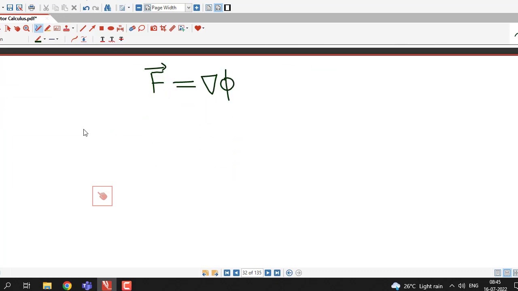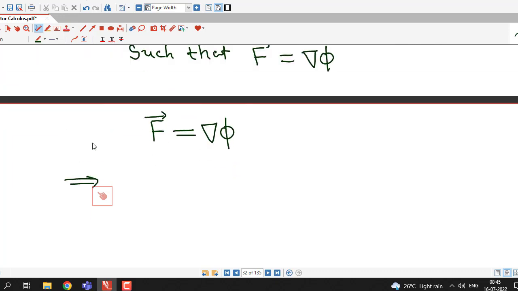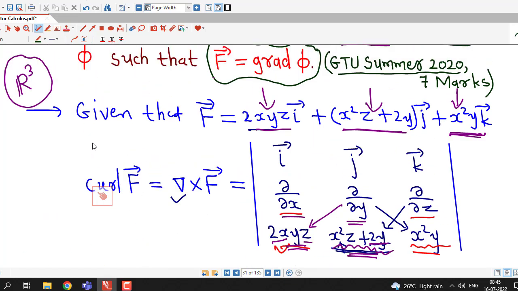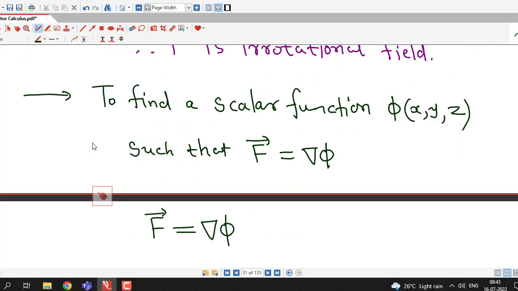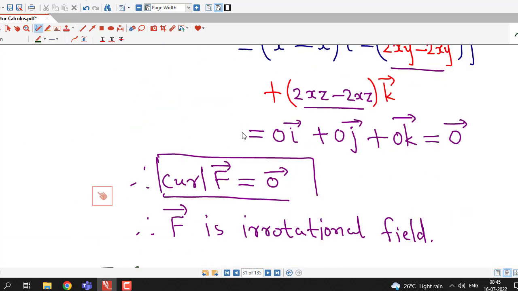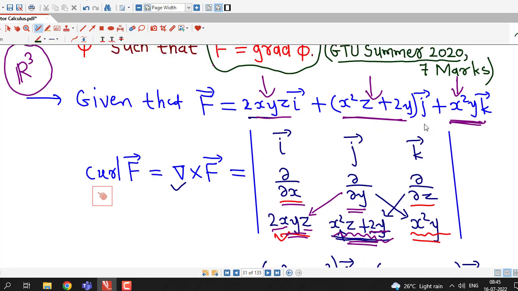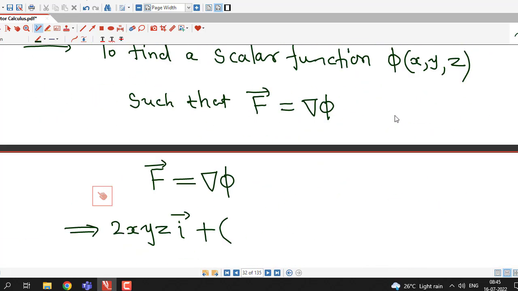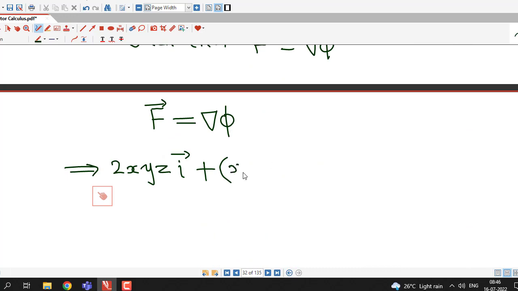This implies, first we write down vector f bar: the x component is 2xyz times i, plus the jth component, x² z + 2y, times j, and the last component is x² y times k.